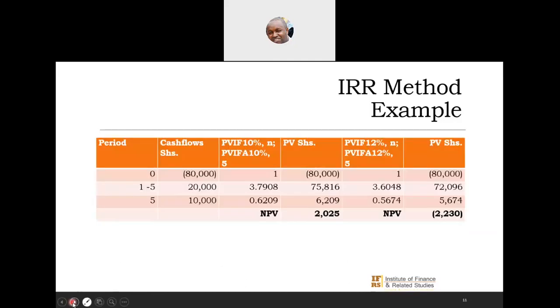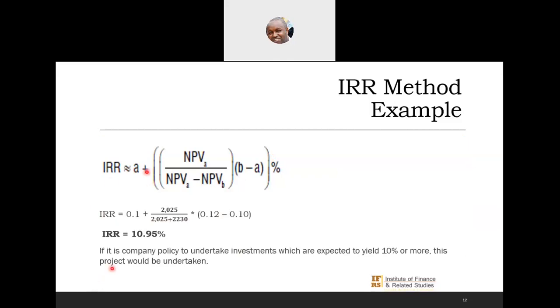If we get a negative value, we try a lower one. I've tried to solve this question, and you notice that when we used 10%, the NPV is 2,025. Since it's positive, we tried a higher rate, which ended up giving us a negative NPV of 2,230. Now, we'll apply those values in the formula that we've got.